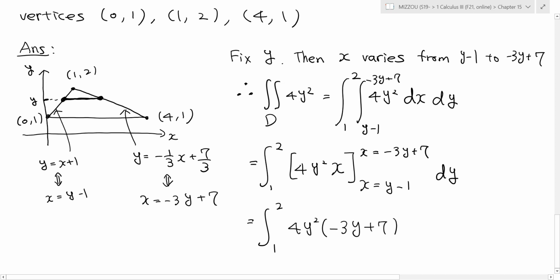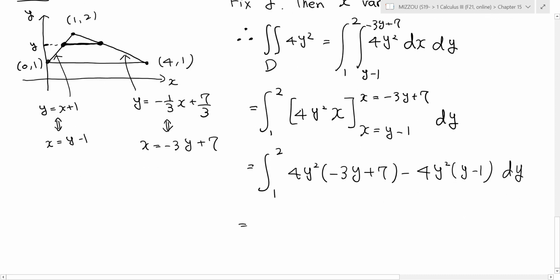Plus 7 minus 1. And then you integrate with dy. If you simplify the integrand, you are supposed to get cubed plus 32y squared dy. This is just calculus one. If you work this out, you get 44/3. So that's the answer.